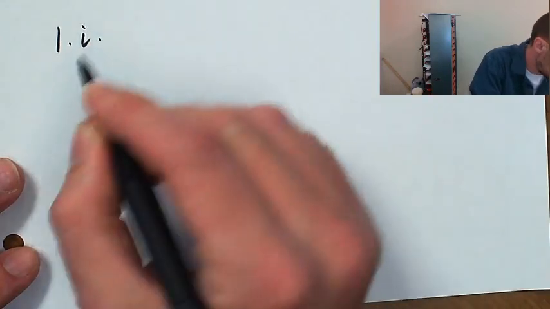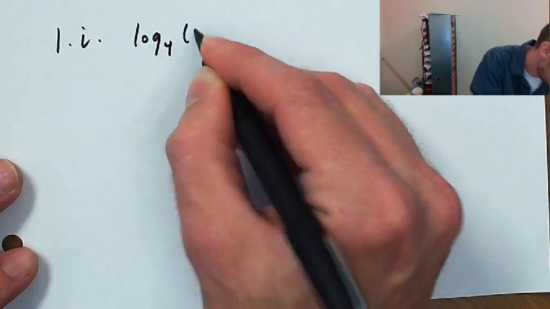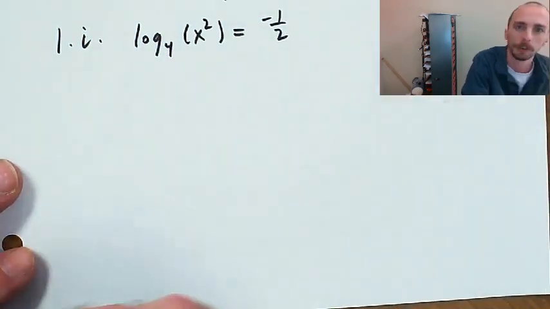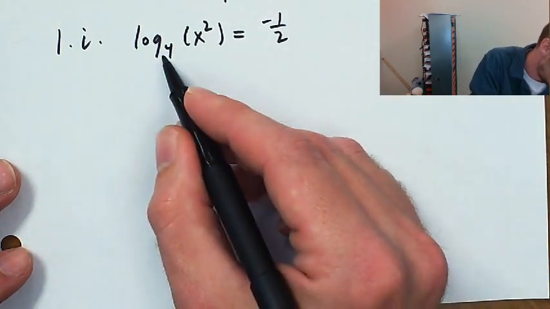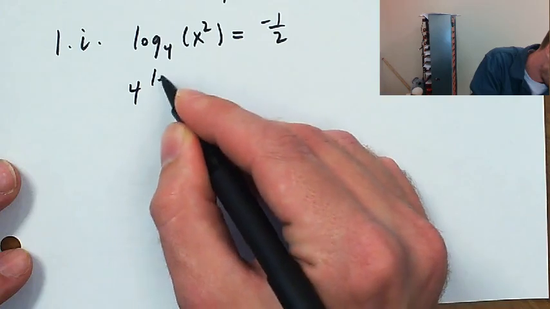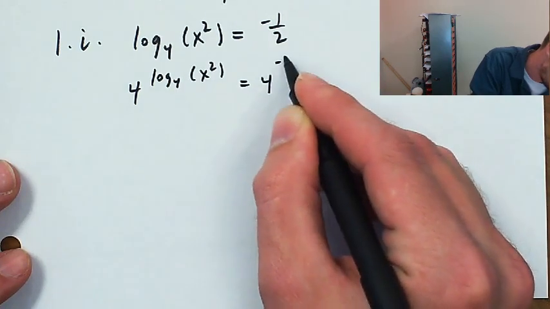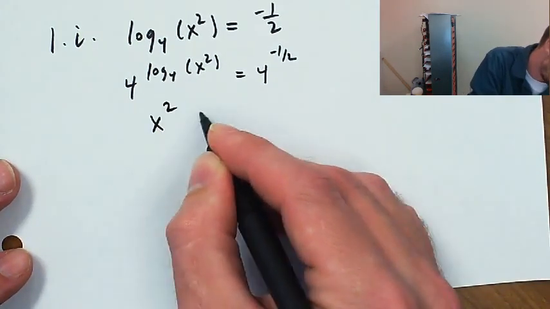For 1i, let's see what we got here. Log base 4 of x squared equals negative 1/2. Interesting. Okay. Well, I'm going to take 4 to both sides power. Makes me wonder what I was thinking here. Oh, I see where we're going here. All right, so this is x squared on the left.